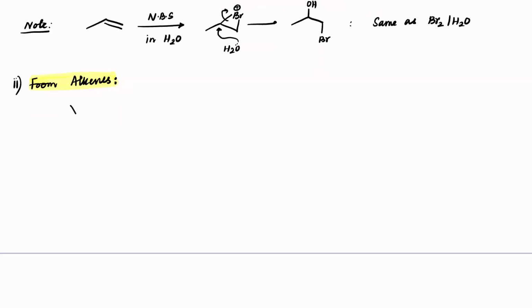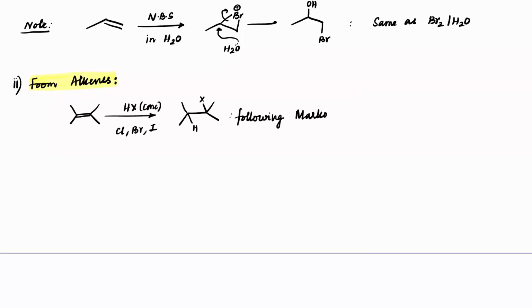So wherever you have a C double bond C, and you react with concentrated HX, that includes chlorine, bromine, iodine, in that case we will expect H and X to form following Markovnikov addition.